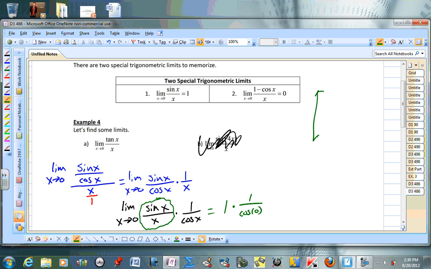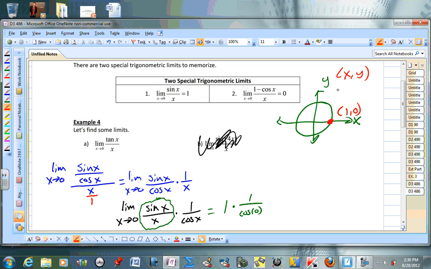So we need to remember some things about our unit circle. Zero radians is right here, and our ordered pair is (1, 0). We need to remember that an ordered pair is x, y in alphabetical order, and that an ordered pair on the unit circle tells us about some trig values.